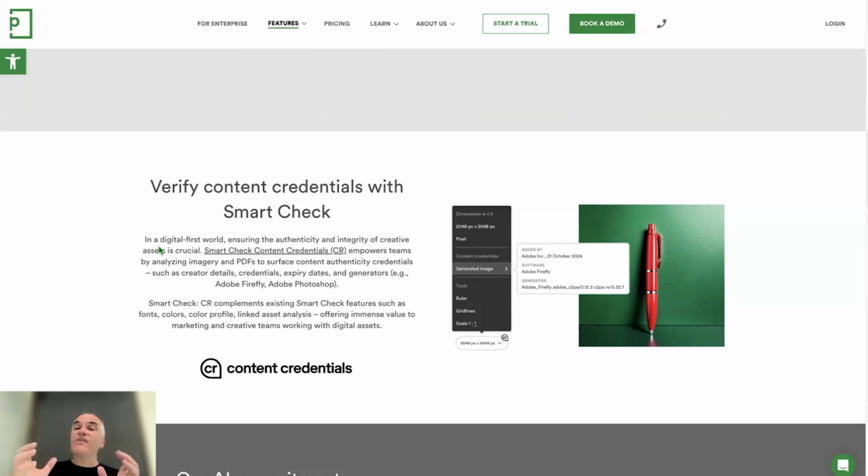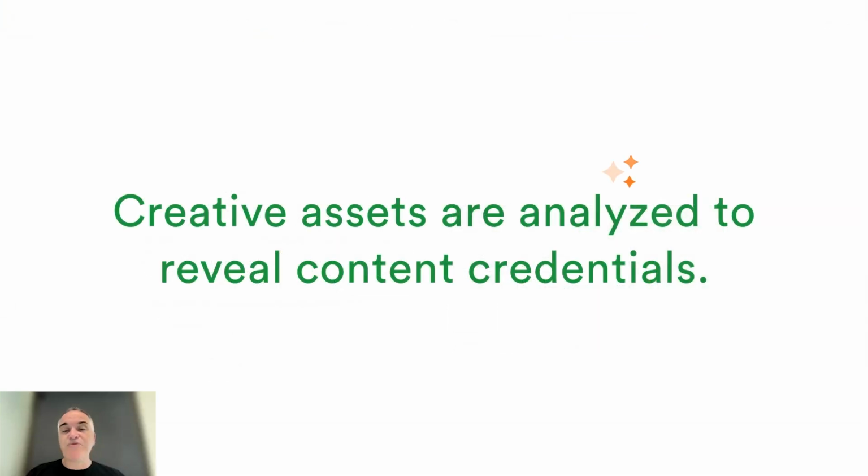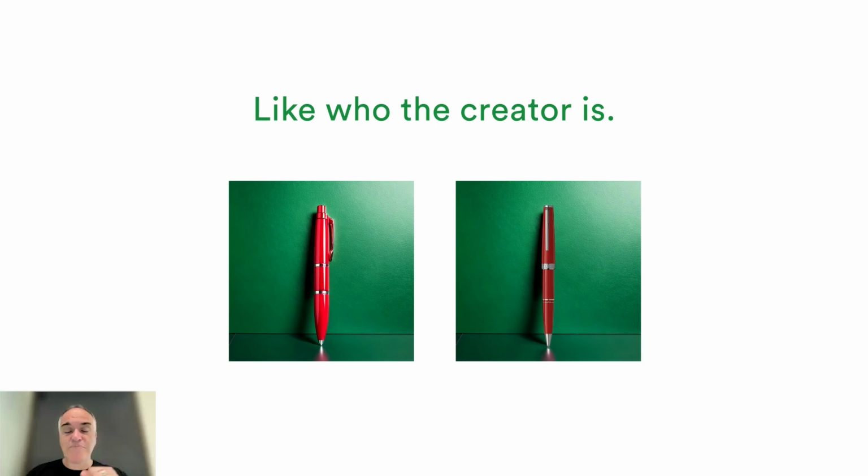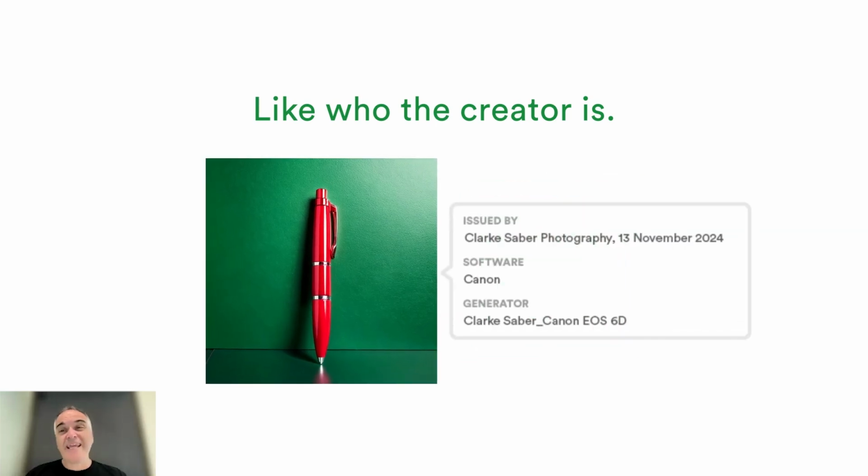We extended that last month by adding SmartCheck content credentials. Content credentials are all about the authenticity of content. PageProof now pops up with particular assets and lets you know the origin of that asset.